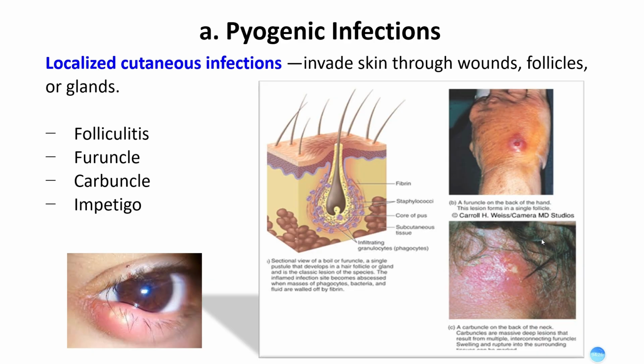It has a special name. It's called stye, S-T-Y-E, stye. Probably you might have had some problem like this when you were very little, because it's common in little kids. Has anyone suffered from this before? No? You?